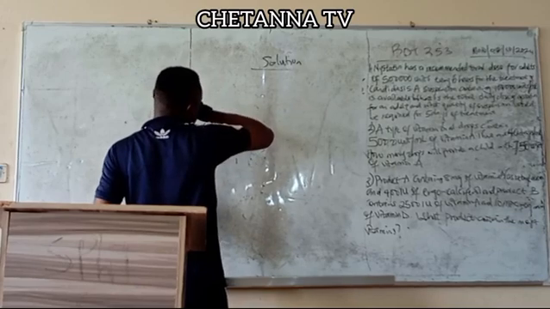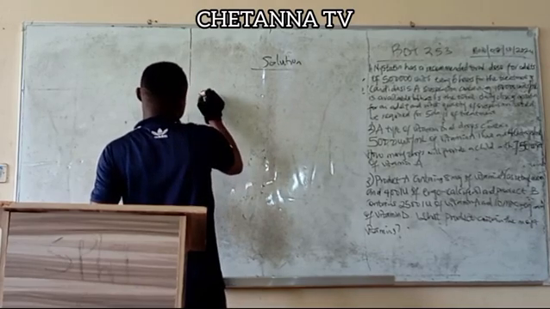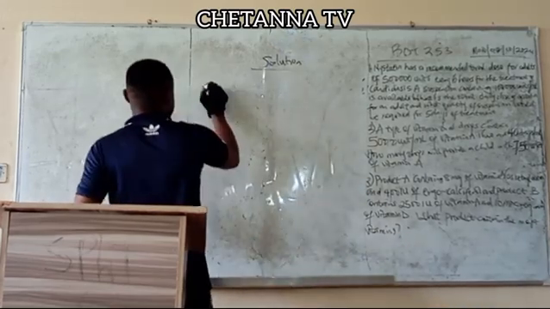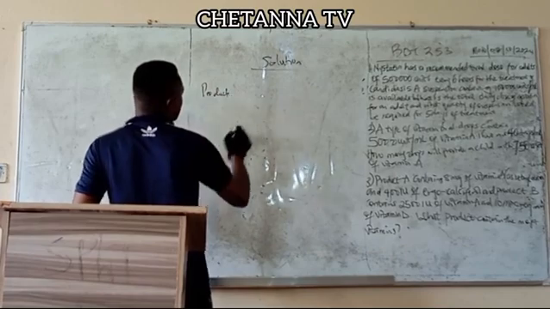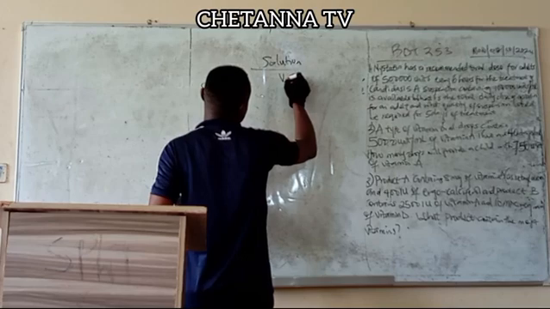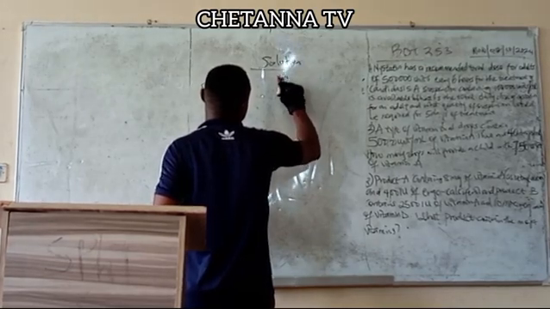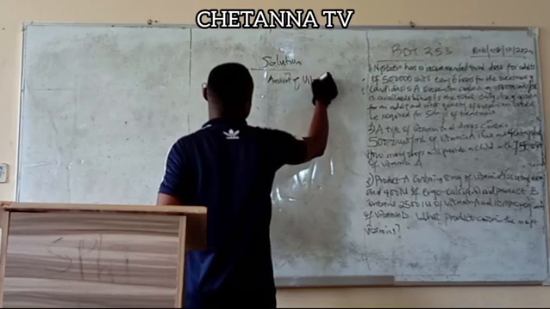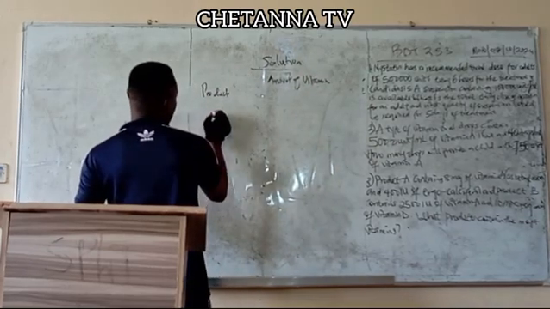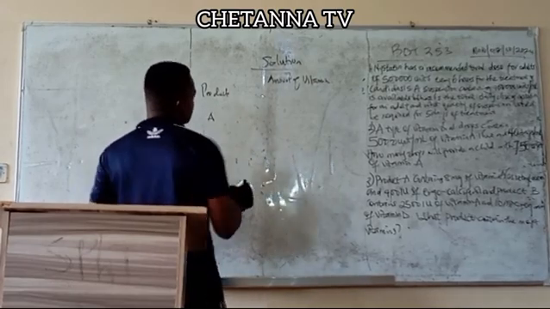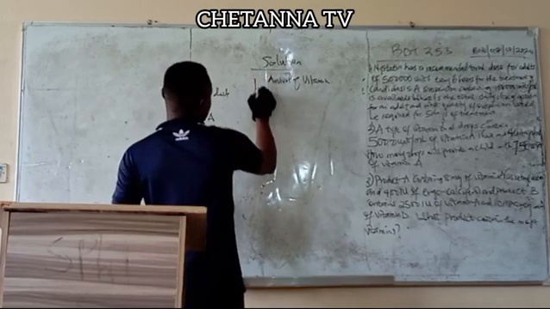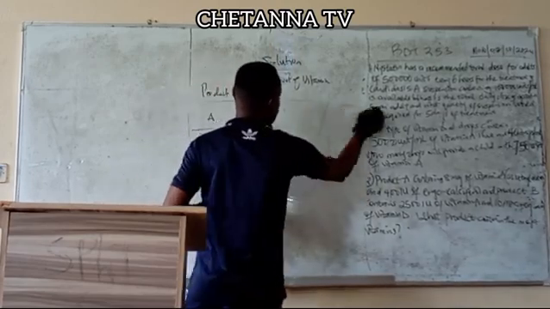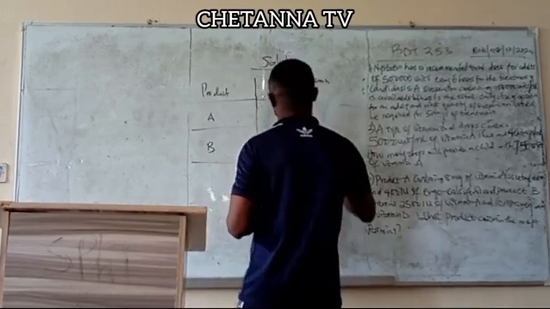We have product A and product B. So here should be products, and here should be vitamins. Amounts of vitamin A and vitamin D. Here we have product A, and here we have product B. So here we have something like this. Are we together? Yes, sir.